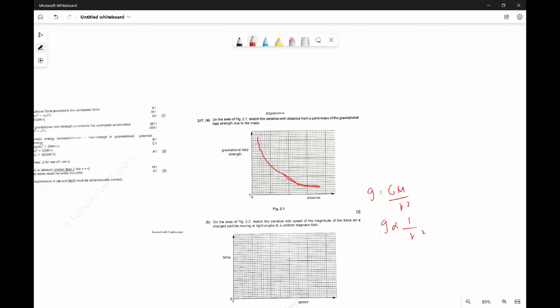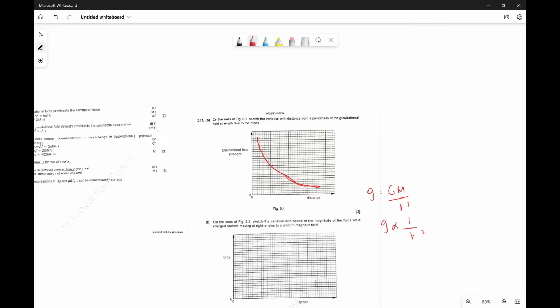This is the characteristic of an inversely proportional graph: the line never touches zero. You get it? Because if one is zero, the other cannot be. So this is a standard graph for an inversely proportional gradient.